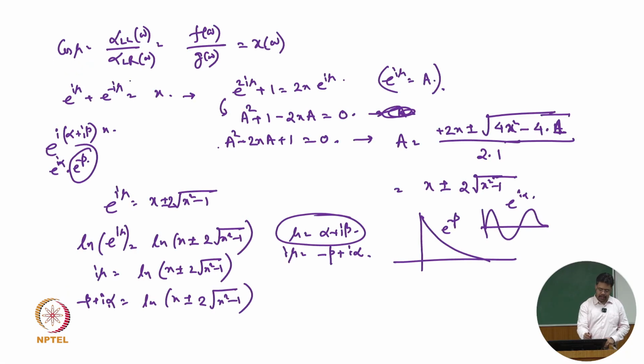On the other hand, we can also write cos of mu equal to, like what we got here, alpha LR, alpha LL divided by alpha LR. That can also be thought of as 1 minus omega square me divided by ke.